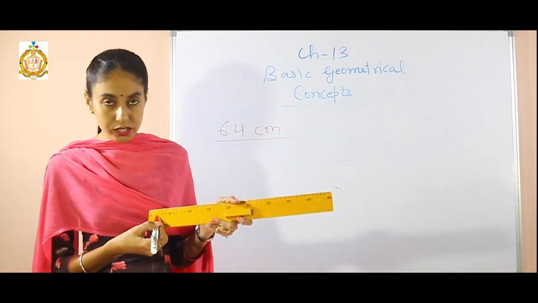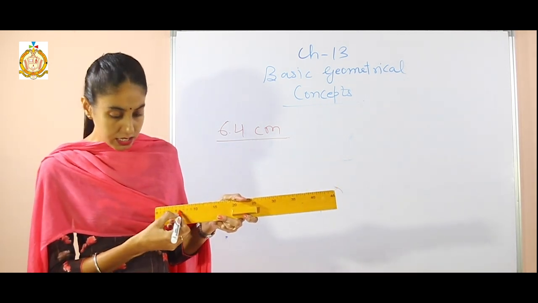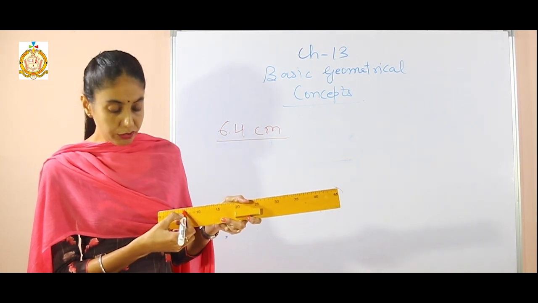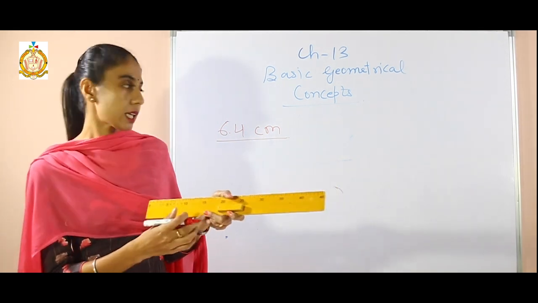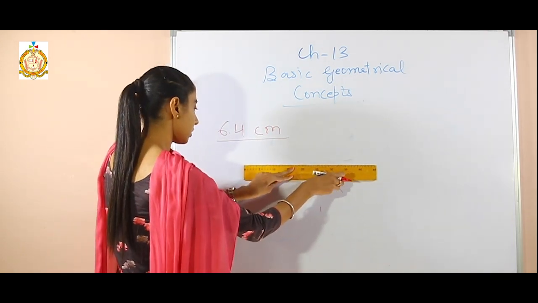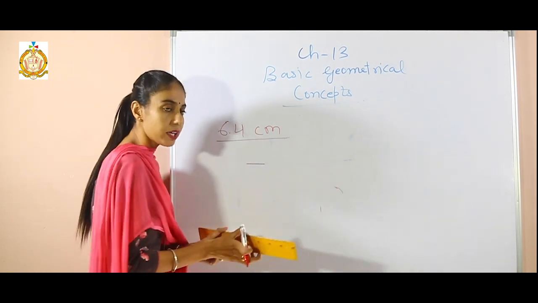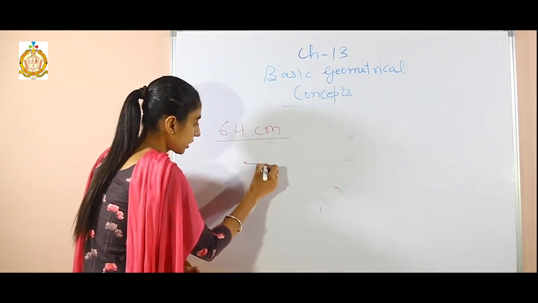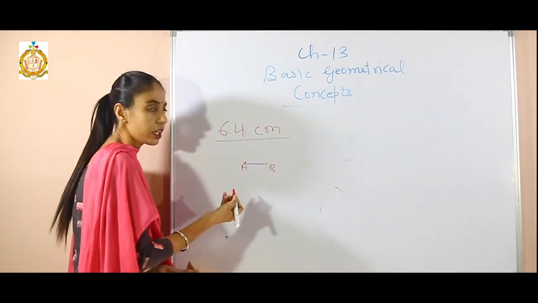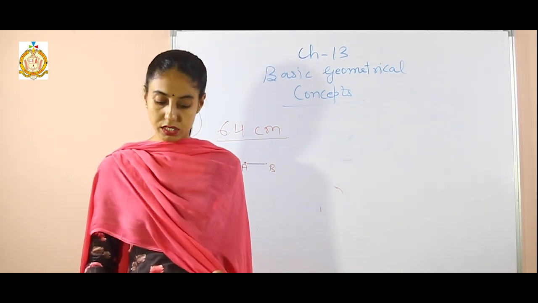See 0, 1, 2, 3, 4, this is in centimeter, and up to the 6.4. Here is the millimeter, 1, 2, 3, 4. Up to the 4 you will measure 6.4 centimeter from the scale. This is the particular line segment of 6.4 centimeter, A and B. According to the different lengths, you can draw different line segments.